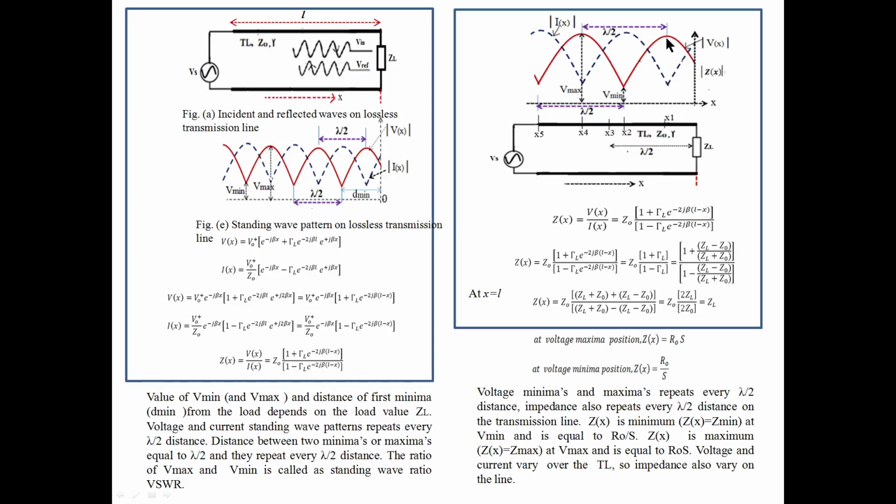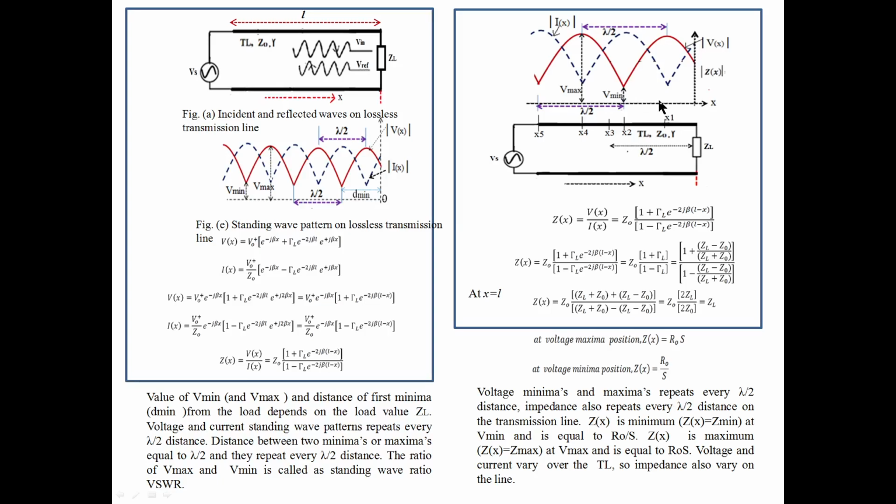Minima may come first or maxima may come first. As we travel over the transmission line towards the generator, here in this particular load we come across a maxima first and afterwards a minima.